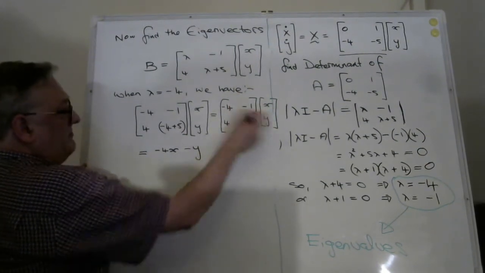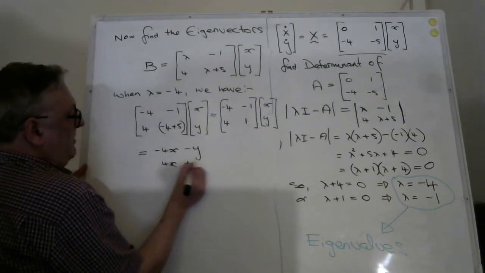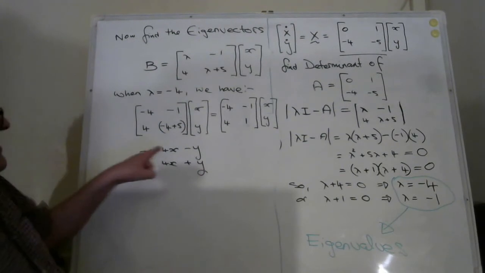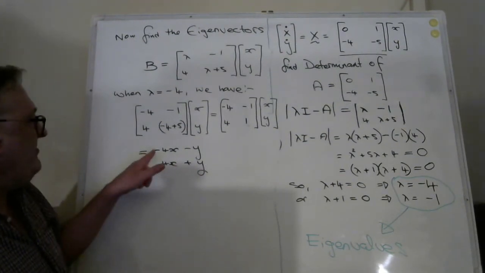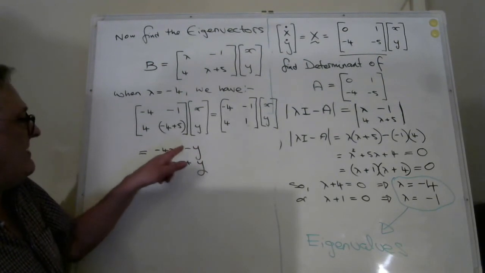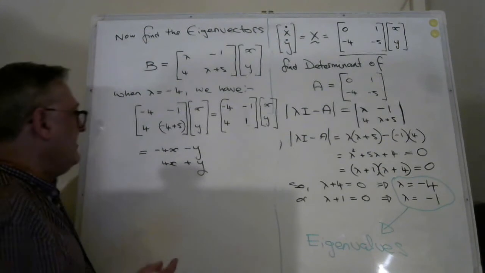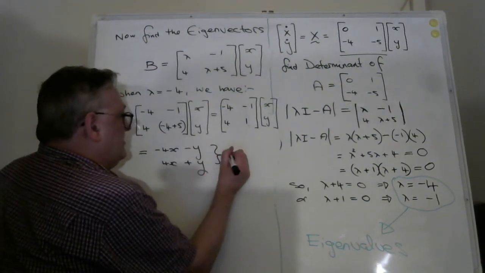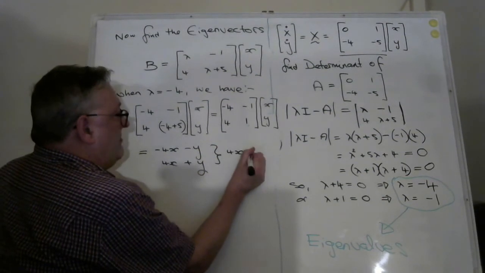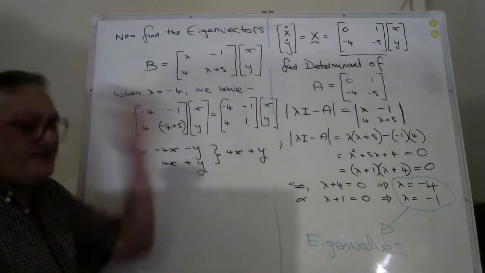And also on the bottom we've got 4x plus y. These are exactly the same, except that that has got minus signs in front of it. Well, if you cancel the minus signs, then what you've got is a single equation, 4x plus y. So you can just take that one equation.